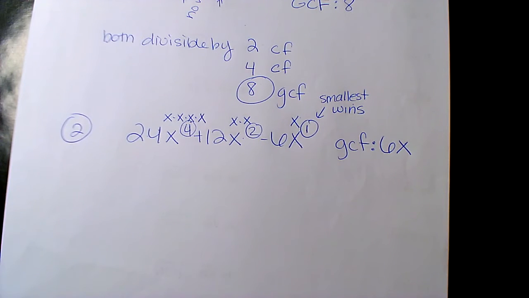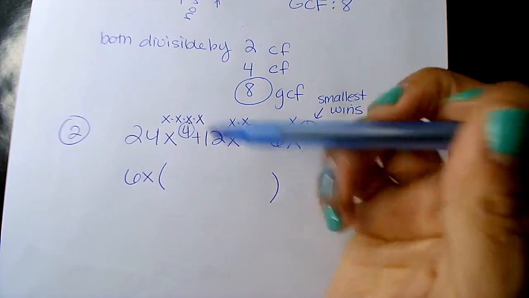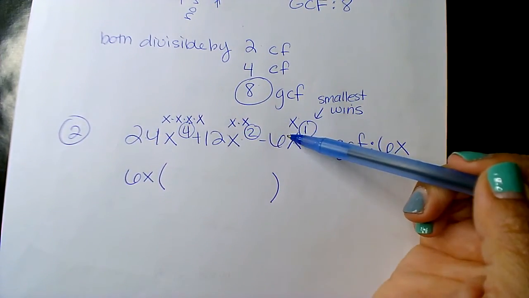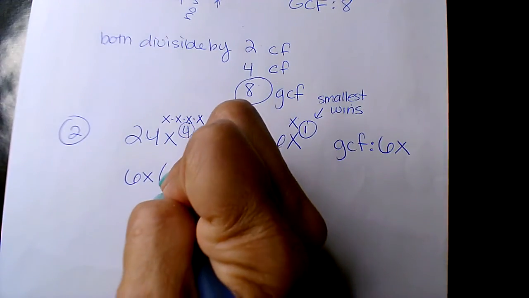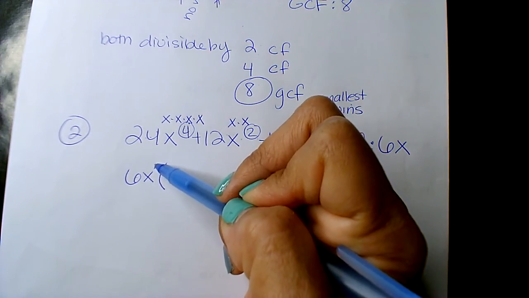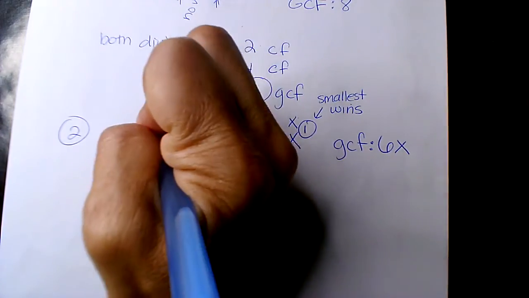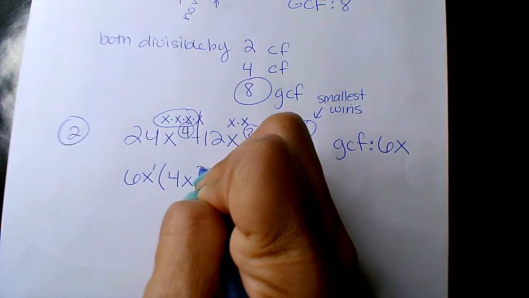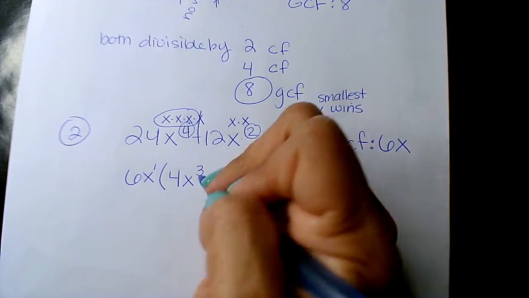Okay, but if now you're going to factor, you're going to remove 6x from each of these 3 terms. Okay, so what's 24 divided by 6? 4. I'm going to remove 1x from their 4. So how many are left? 3. So x cubed. Is that a minus or a positive? Plus. Okay.